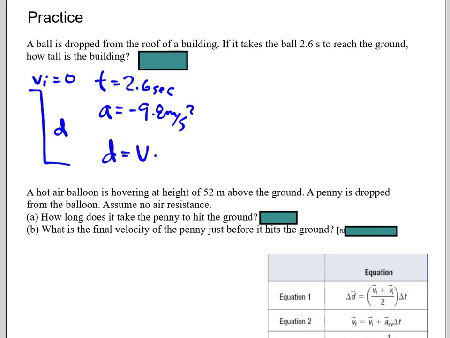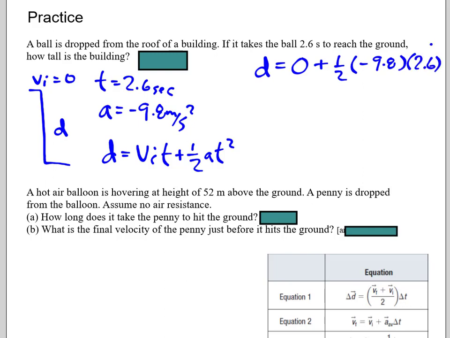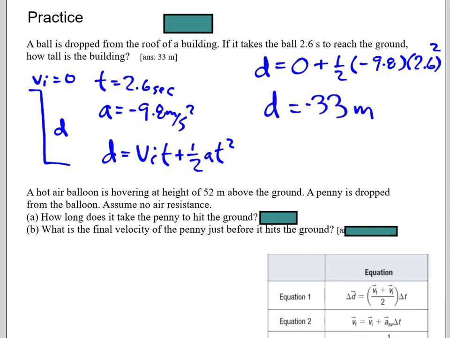And I'm going to use the third equation, which is a pretty popular equation. So D equals 0 plus 1/2 times negative 9.8 times 2.6 squared. And all of that is just a big calculator problem. So 9.8 times 2.6 times 2.6 times 0.5, 33 meters, and we'll say it's negative because it's down, and there's our 33.